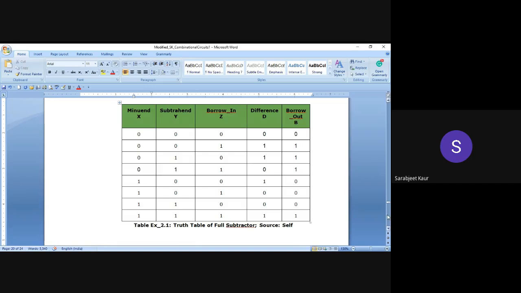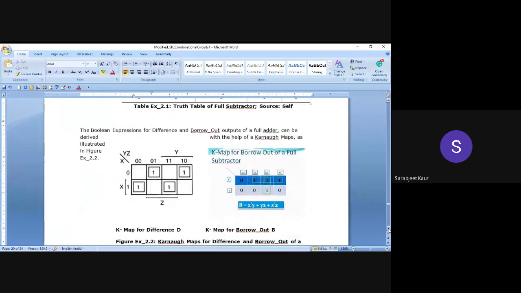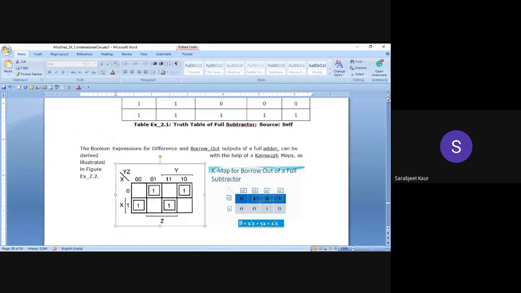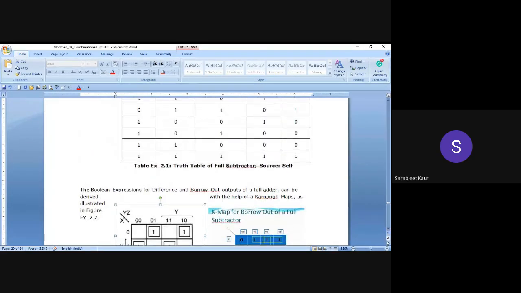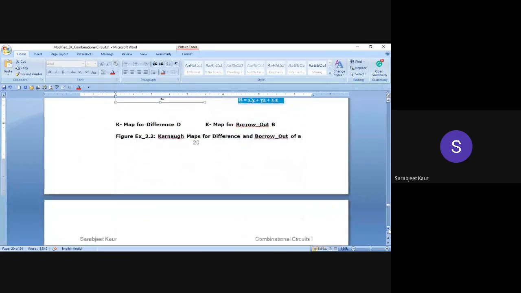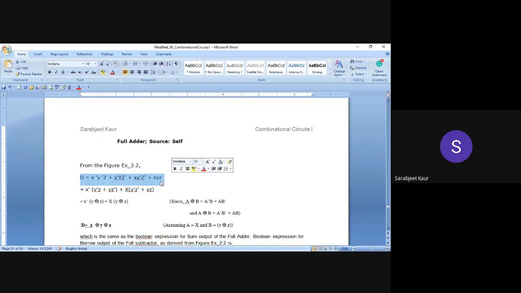So, you can see, let us look at the Karnaugh map for the difference. So this is the Karnaugh map. There is no grouping possible. And as we had done for the sum, the difference can be written like this, as the normal minterms.